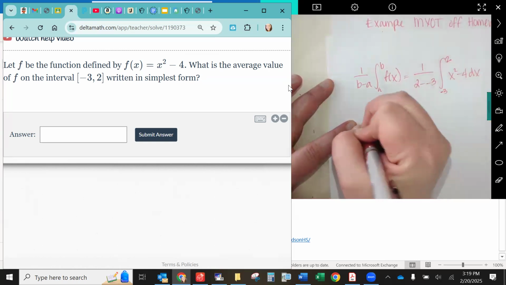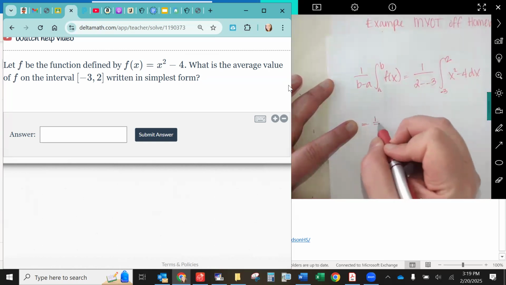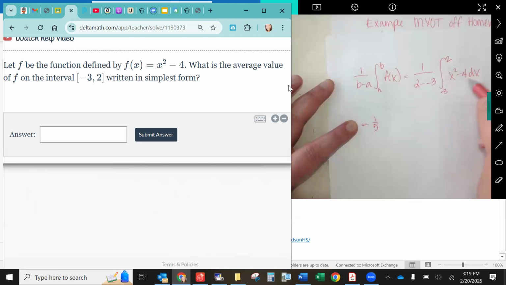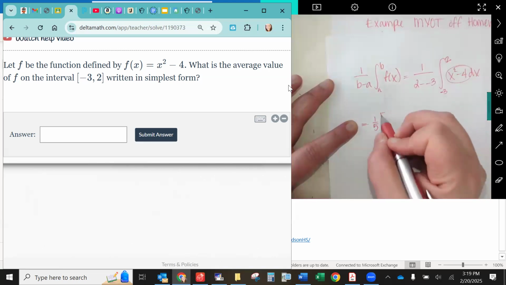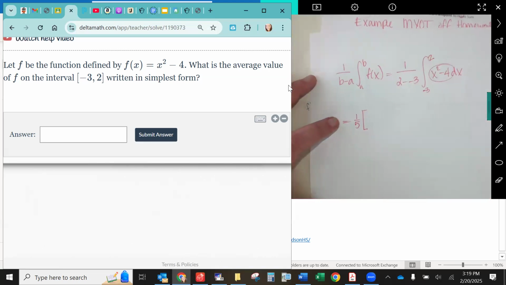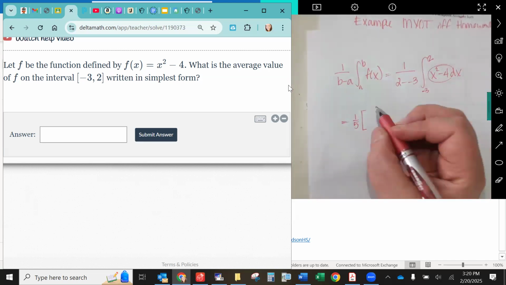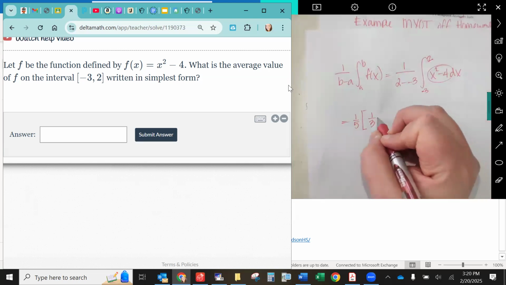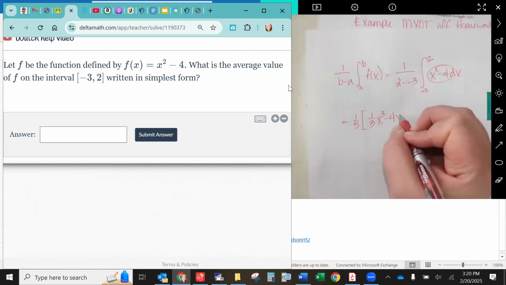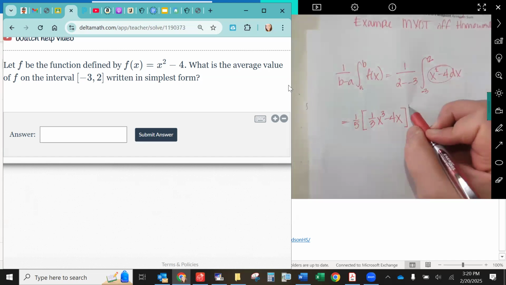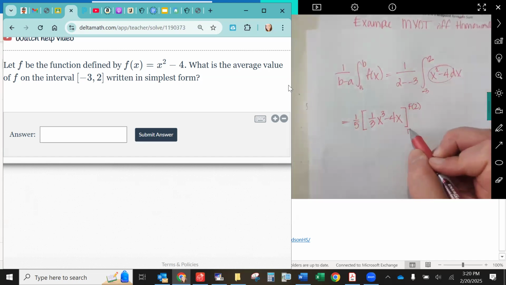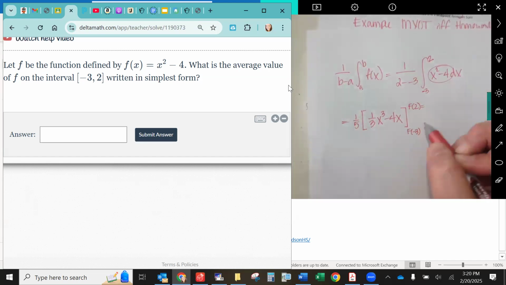Okay, so you said this first fraction is a 5th. That's correct. And then for this part, you're going to take the antiderivative. So what would that be? So add 1, then divide. 1/3 x cubed. Don't need the plus c. Then we're going to plug in 2 and -3, and then subtract those values. Then don't forget to divide by 5.